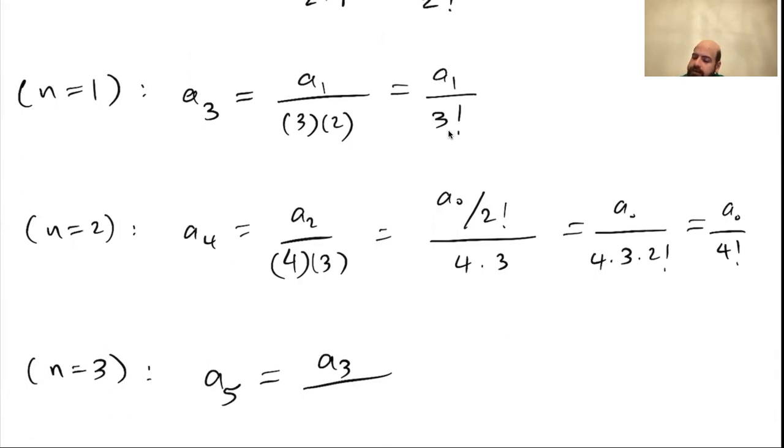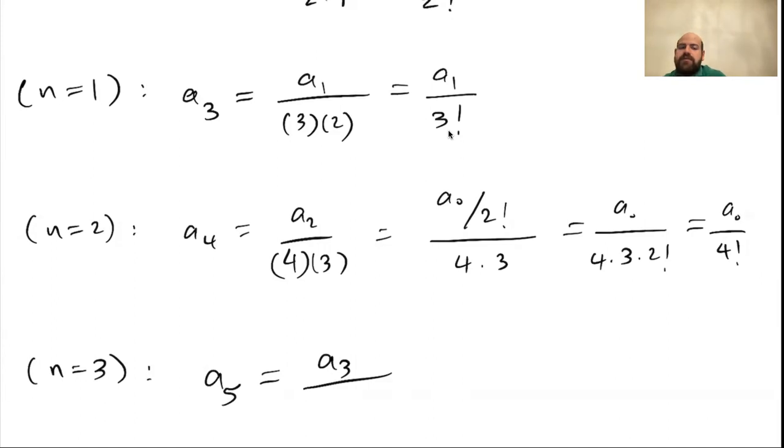Similarly, n equals 4, then a6 will be a4 divided by 6 times 5. And that will be a0 over 4 factorial divided by 6 times 5. This is a0 over 6 factorial. So continuing this, n equals 2k, a2k will be a0 over 2k factorial.